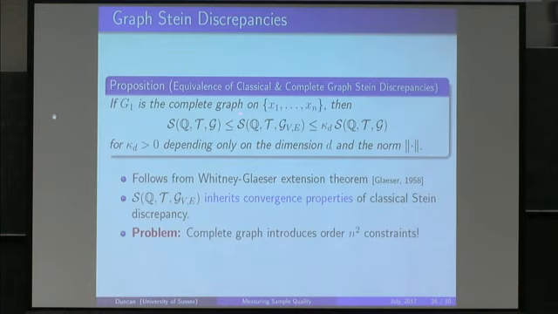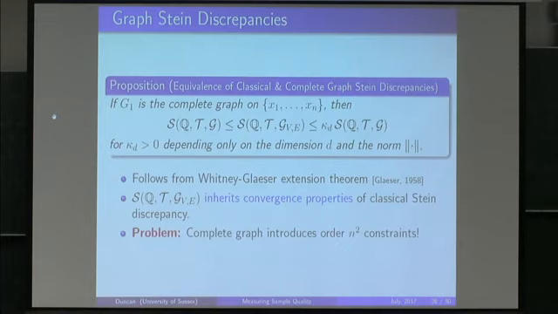But the crucial point is that this graph Stein discrepancy is bounded above by the actual Stein discrepancy. To be able to do that, we require a very deep theorem from analysis, which is basically the Whitney extension theorem, which tells us that if we have a function which has constraints on finitely many points, there's an extension to that function where the similar bounds are satisfied over the entire state space.